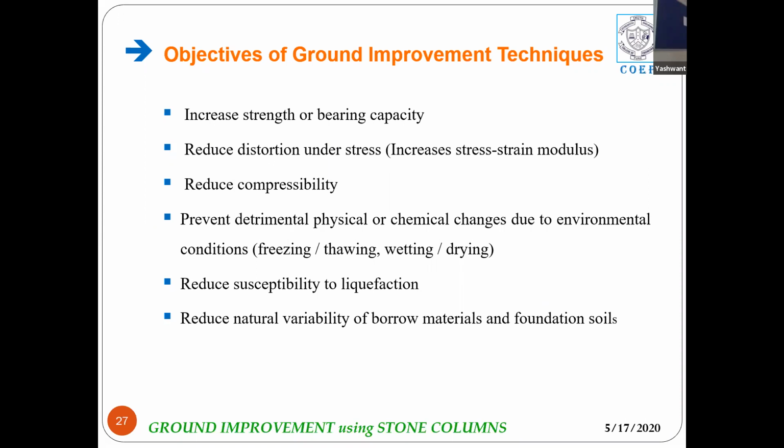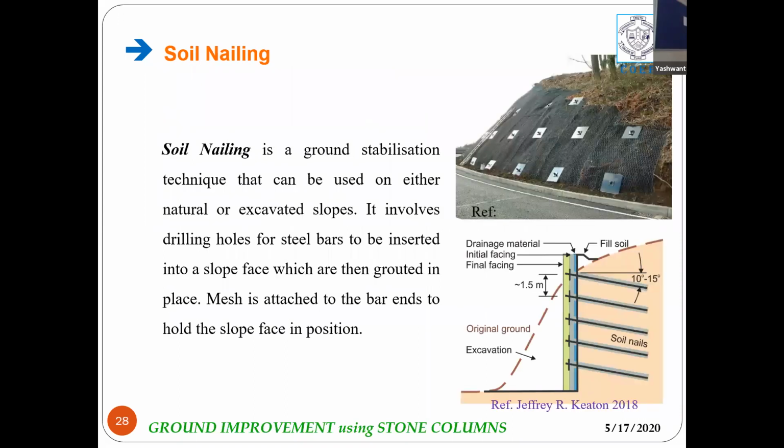Some of the techniques apart from stone columns, we'll just go in brief. Soil nailing, as we all know. These are provided for stabilizing a slope, which may be man-made or natural, by drilling holes and thereby inserting steel bars and then plugging them with proper grout. The next one is your micropiles.